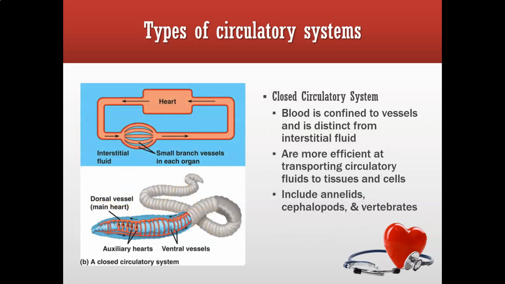Closed circulatory systems hopefully make sense that these guys are going to be considerably more efficient. Now I'm keeping all of that fluid, for the most part, cordoned off into a circuit, which means I can maintain a better pressure.